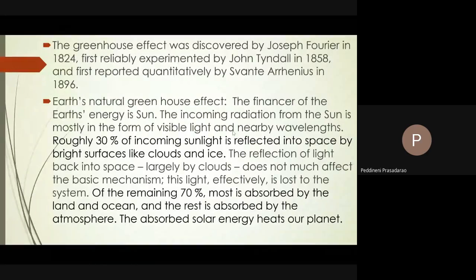And whatever comes into the troposphere is absorbed by the gray body, that is Earth, which absorbs some amount of energy, and the rest is once again reflected back into the troposphere. So this is what is happening as far as the Earth's energy balance is concerned.